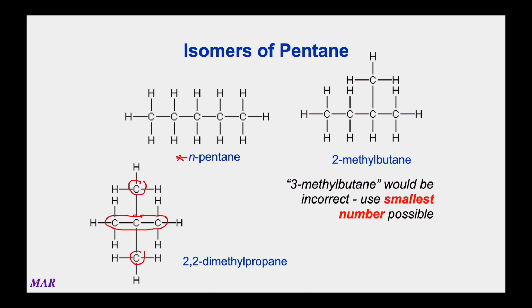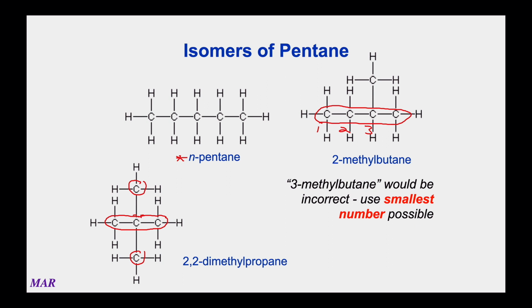So first of all, the longest chain of carbon atoms is 4. And what I'm going to do is circle these 4 right here. So that would be the butane part, the longest chain. And you can include the one above if you want to, it doesn't matter. But notice the name. If you count left to right, it would be 1, 2, 3, the methyl group would be off the 3rd carbon.